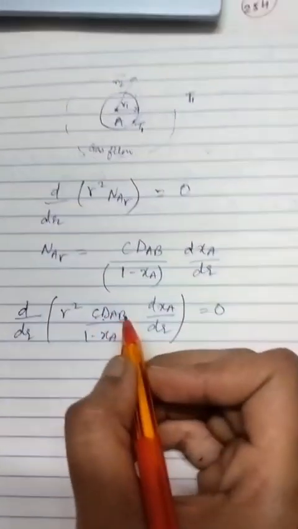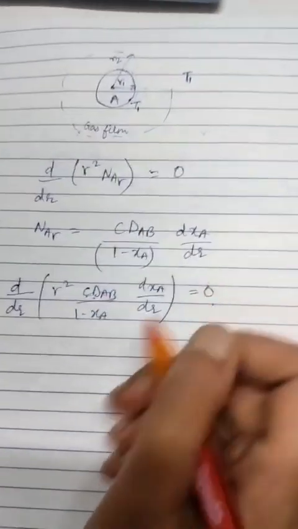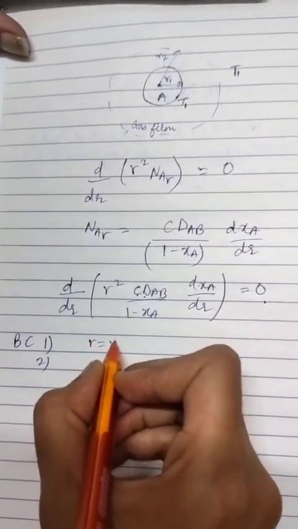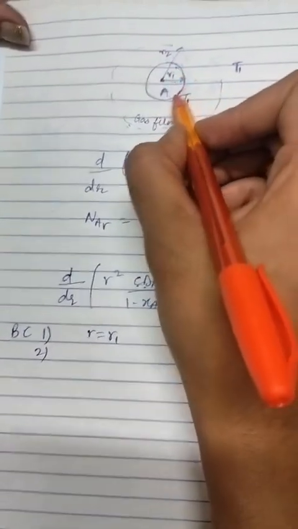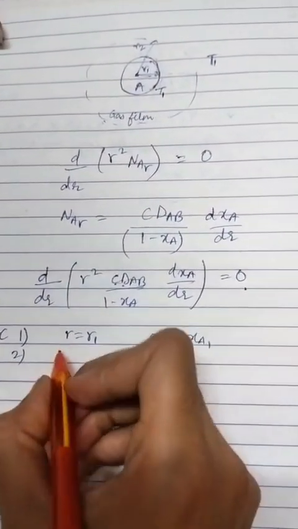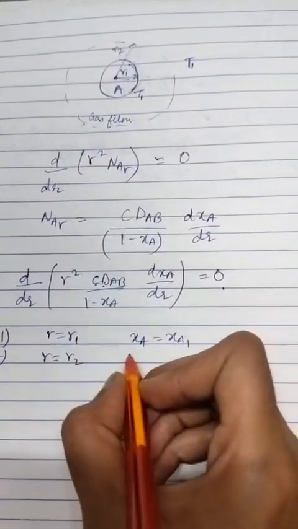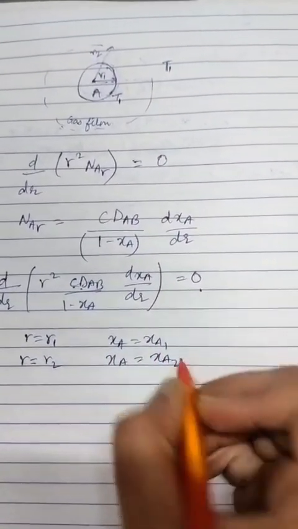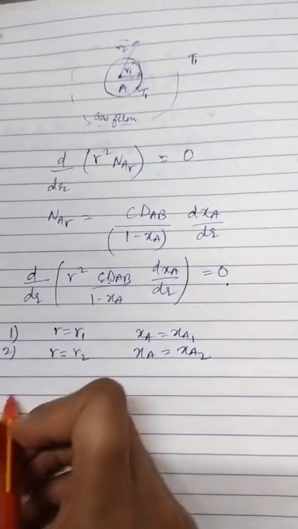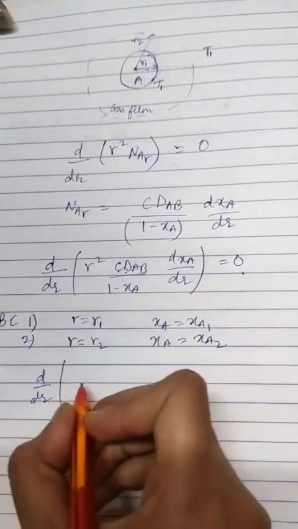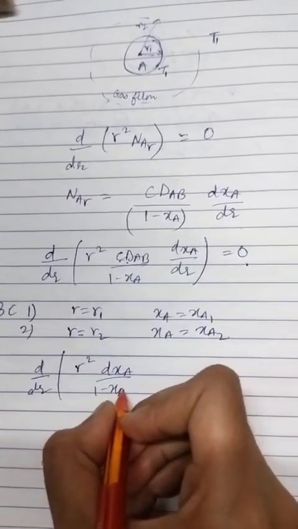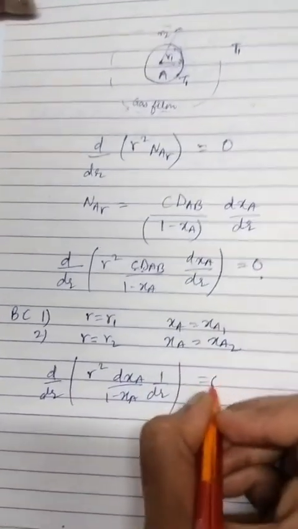Again we can move the CdAB here and apply boundary conditions 1 and 2. At r equal to R1, which is at the boundary of the liquid droplet, XA is equal to XA1, and at r equal to R2, XA is equal to XA2. So by applying the boundary conditions, we get d by dr of r square dXA upon 1 minus XA by dr is equal to 0.